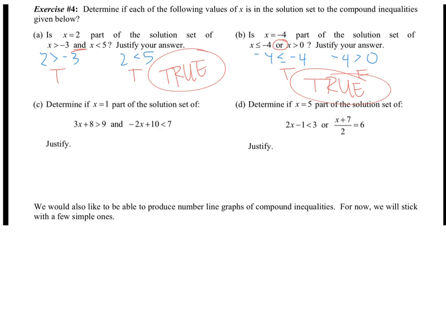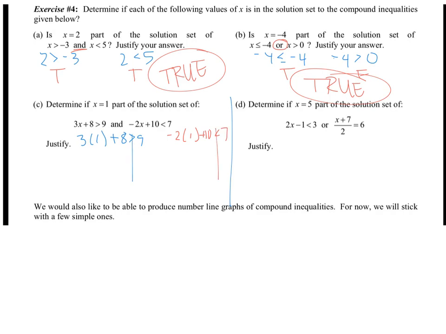So 1. 3 times 1 plus 8 is more than 9, and then negative 2 times 1 plus 10 is less than 7.